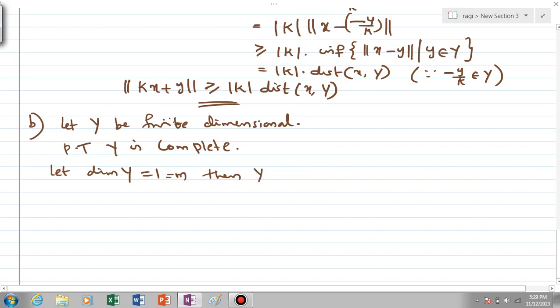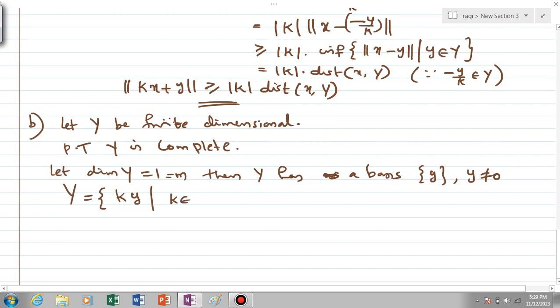Then Y has a basis with a single element y, where y is not equal to 0 because a basis contains non-zero elements only, and every element of Y is in the form of a scalar multiple of this basis element, k times y, where k is an element of K.